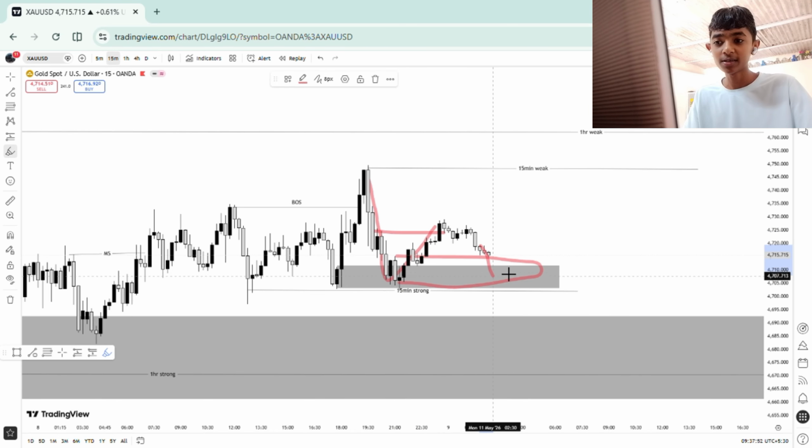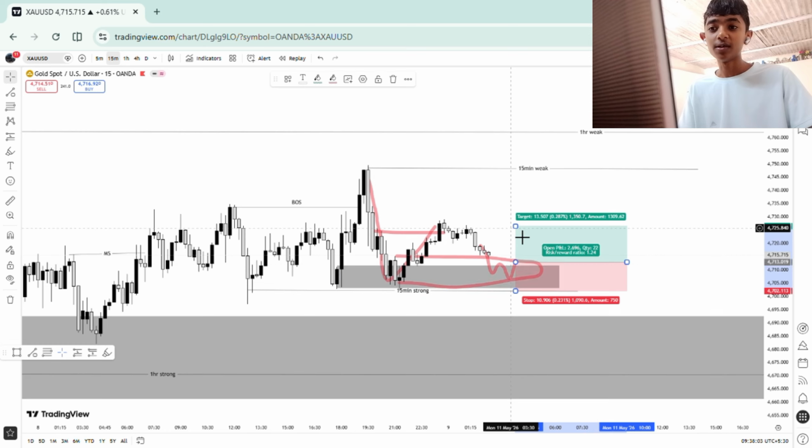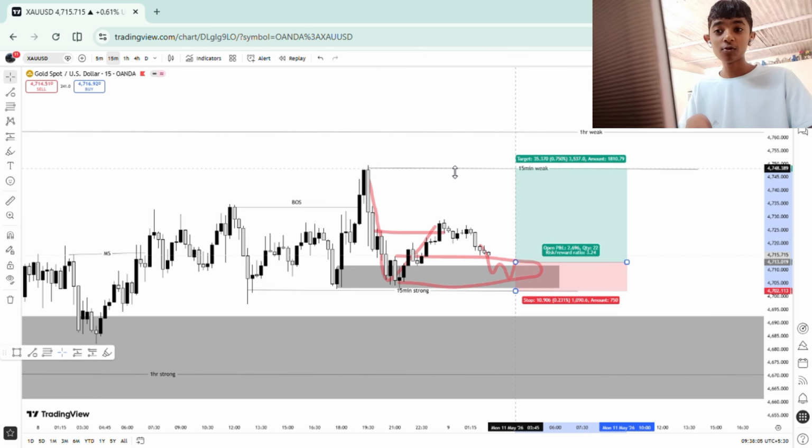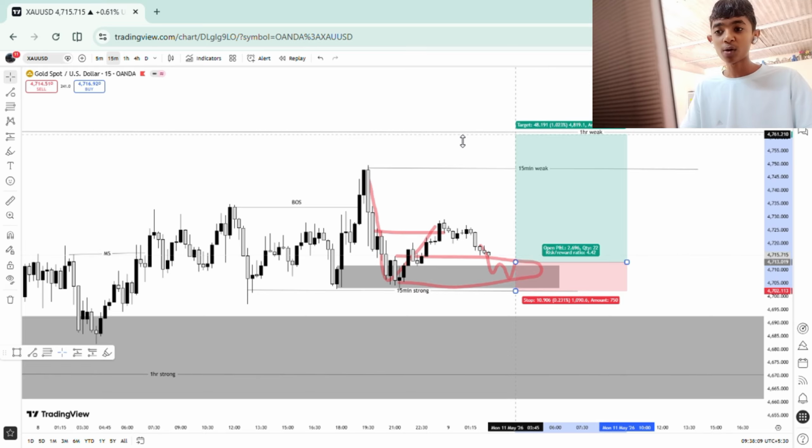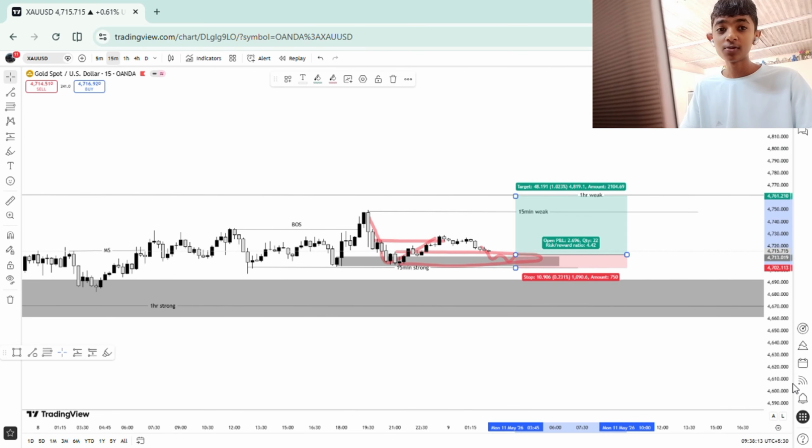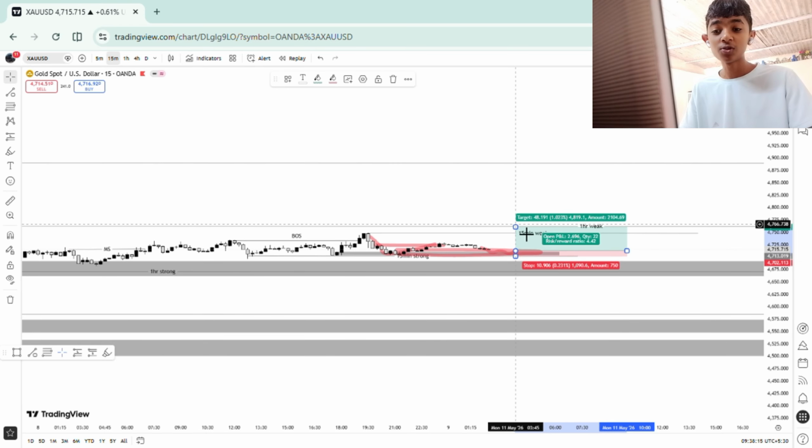We will enter here after a liquidity sweep, and then set a stop loss here and target these 15-minute weak highs or this 1 hour weak high if you are an intraday trader. But if you are a swing trader, you can target this 4-hour weak high and swing for the fences. It will give you about 15 to 16 hours.